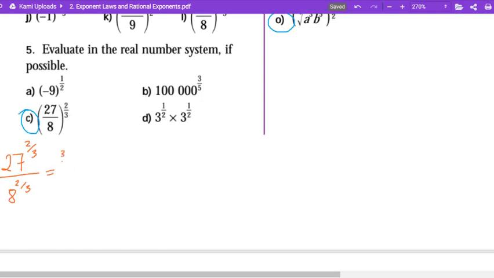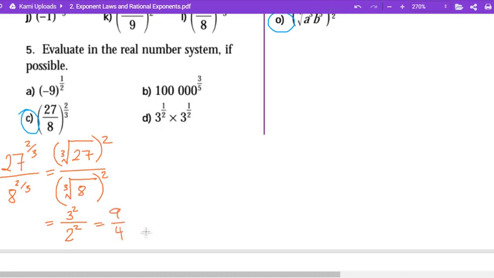And so now I'll use the index of 3, the power of 2, on each of the terms. Right, so I have 2 radicands, but the same index and the same power. Okay, now again, I already know this, but you might get used to it. 3 times 3 times 3 is 27. So I've got 3 as the cubed root of 27, so 3 squared over cubed root of 8, 2 times 2 times 2, 2 squared. And that gives me 9 over 4.